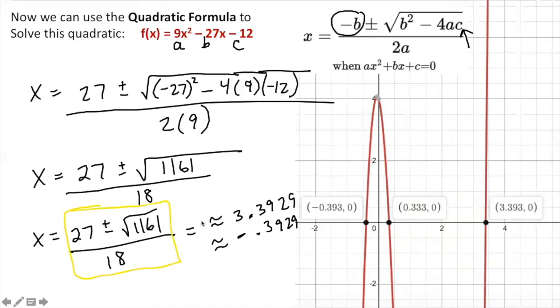But to get a feel for where they're coming from on the graph, these are the approximate values. So this one here is this guy, Desmos rounded it off, and this one here is this guy. So they're real solutions because you see them cross the x-axis, but they're irrational. They go on in no particular pattern forever, okay?